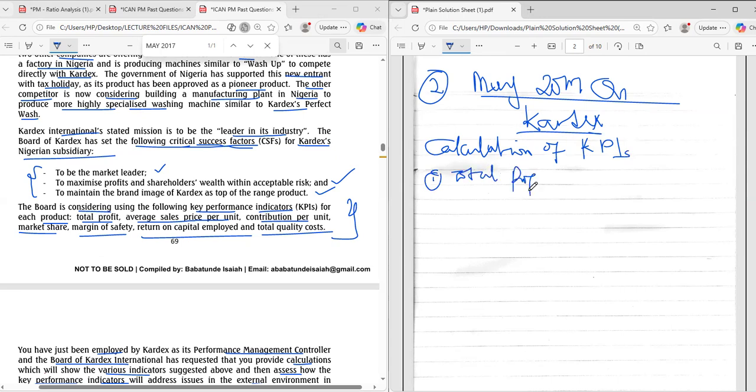What's the formula to get total profits? Performance management students, financial reporting students, tell me now. Sales minus cost. Okay, so we'll say total sales, or let's make it total revenue, minus what? Total cost. So don't forget, the total cost is made up of what?